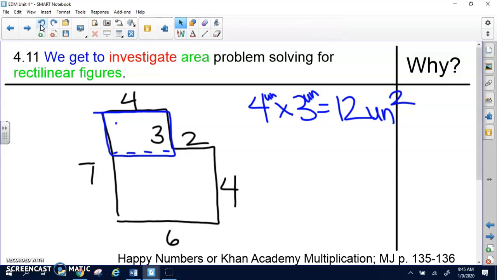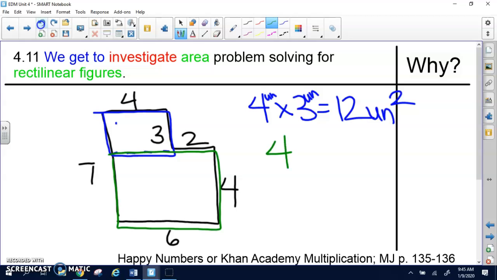You're finding square units, and then there's a second rectangle that we're looking at. What are the dimensions and how would we find the area of this rectangle? Yes, sir, all the way in the back. Well, 7 is the total of this here, right? So what's the dimension of this length here? We have it on this side.